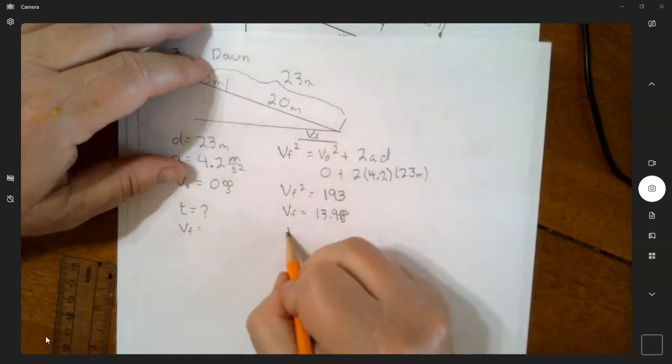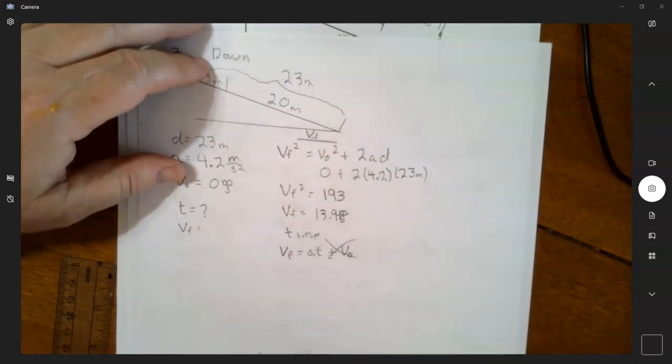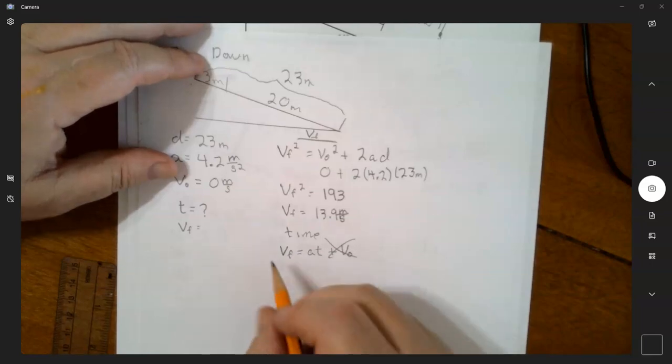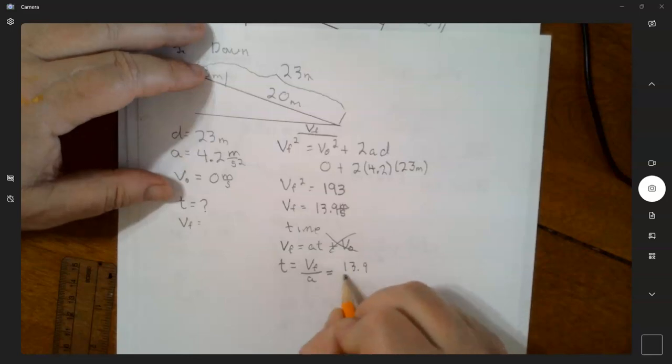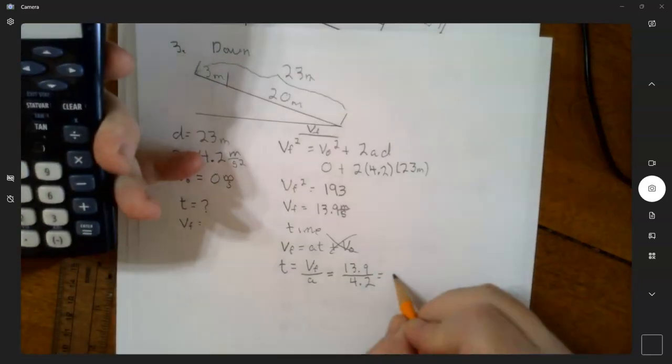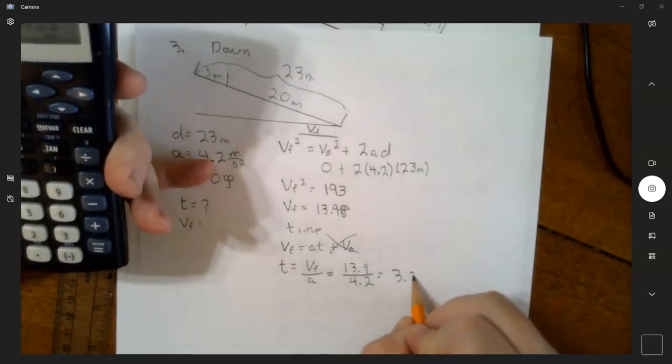Now we're going to get the time. V0 goes away, no initial velocity going down. We're going to solve for time. And we get 3.3 seconds coming down.